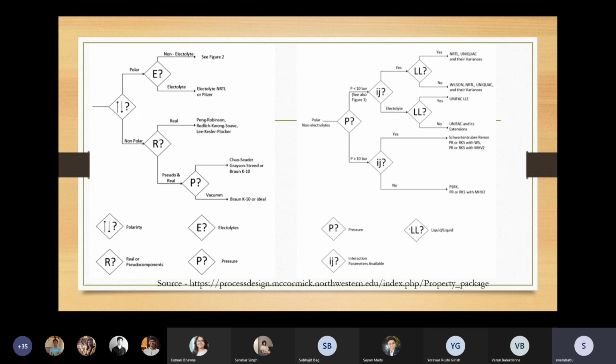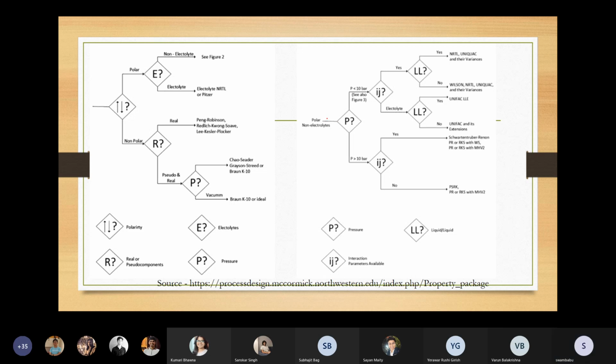So defining or selecting the property package greatly enhances the predictability of many of the calculations we do. So this is a simple slide. I also have another slide.